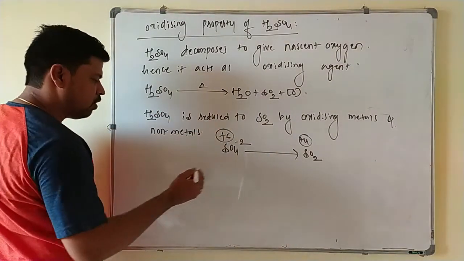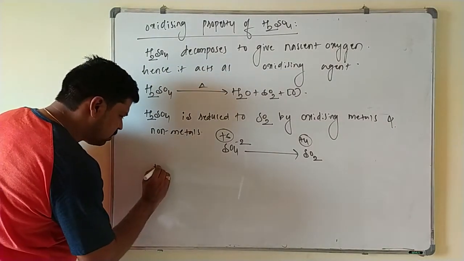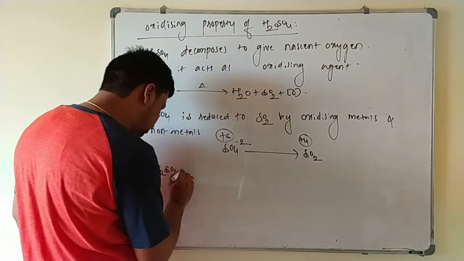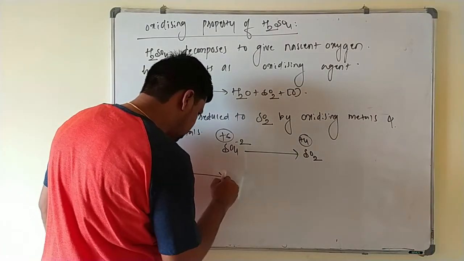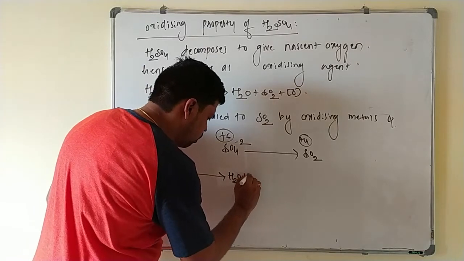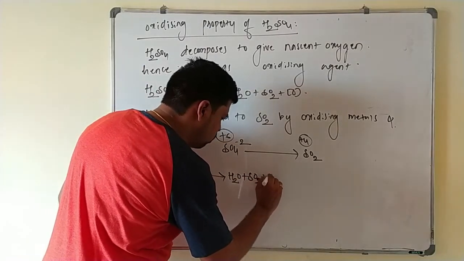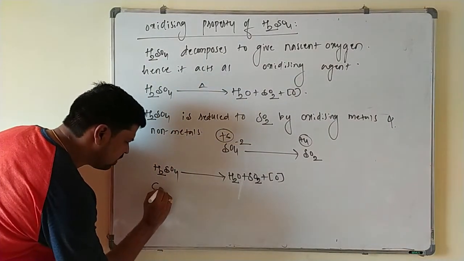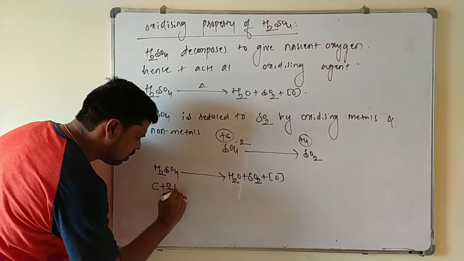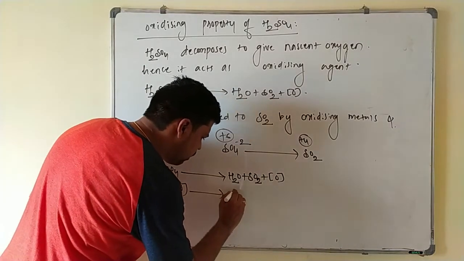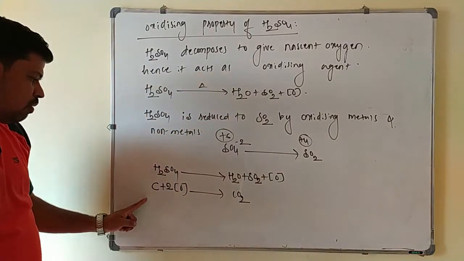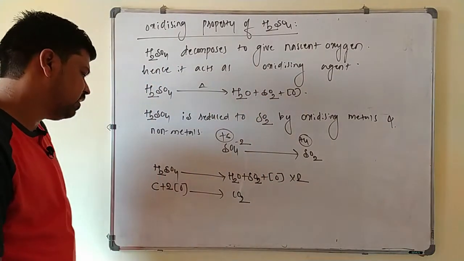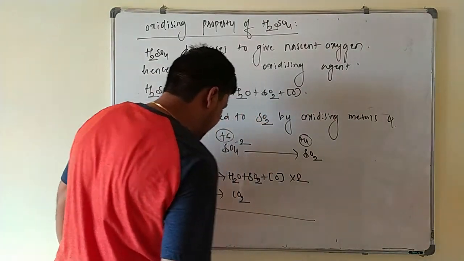So first we will write the oxidizing property of H2SO4 with the non-metals. It oxidizes carbon to carbon dioxide. First one is the reaction with carbon. H2SO4 gives H2O plus SO2 plus one nascent oxygen. Carbon combines with two nascent oxygen to convert into CO2, so it is multiplied by 2. Now balance the reaction.